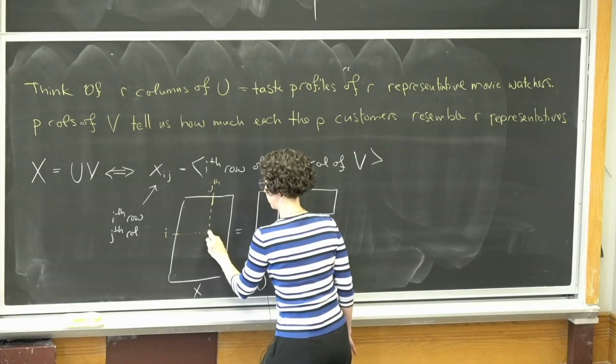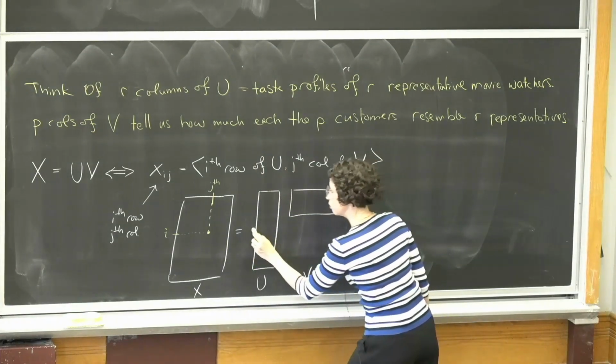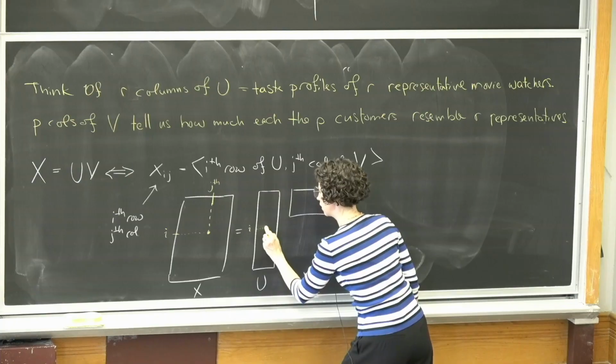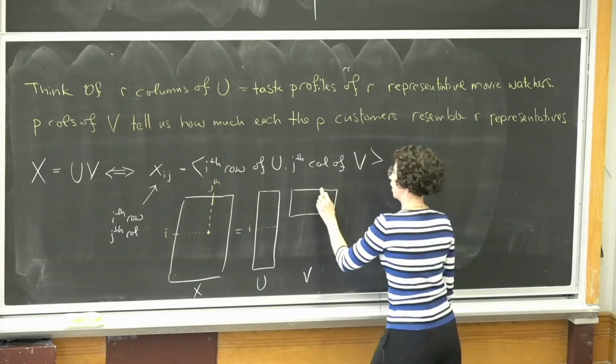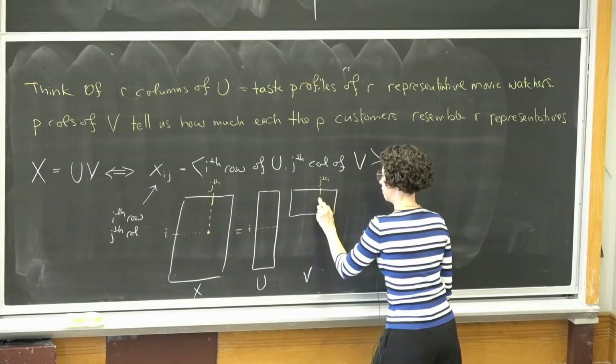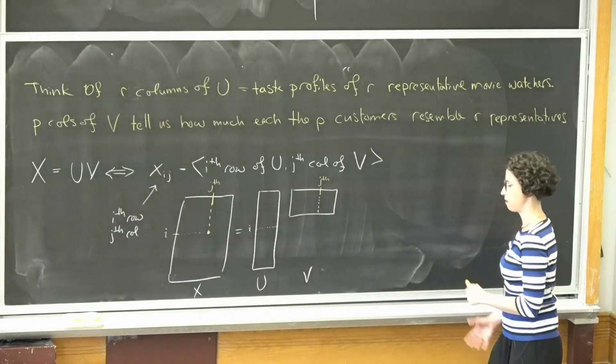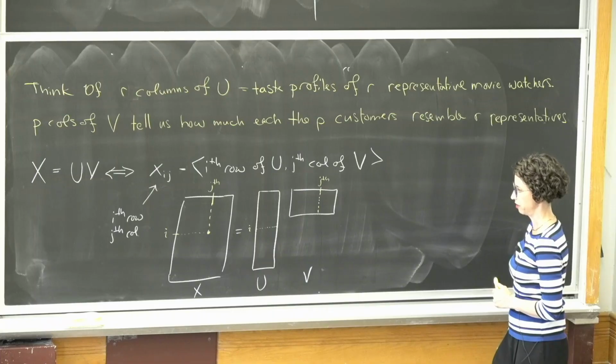So if I wanted to know that entry there, then what I'm doing is I am looking at the ith row of U, which has R entries, and the jth column of V, which has R entries, and I'm computing their inner product with each other.